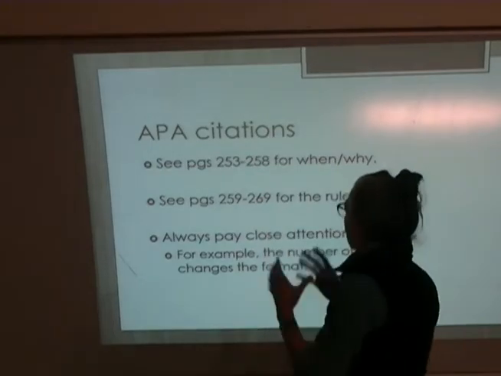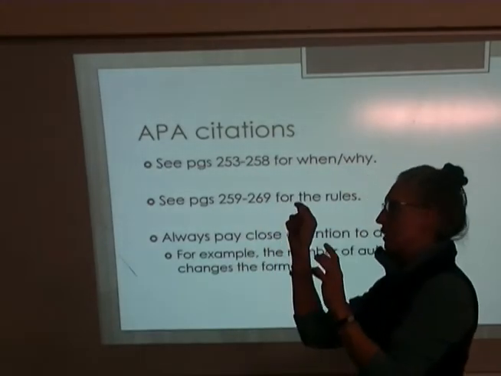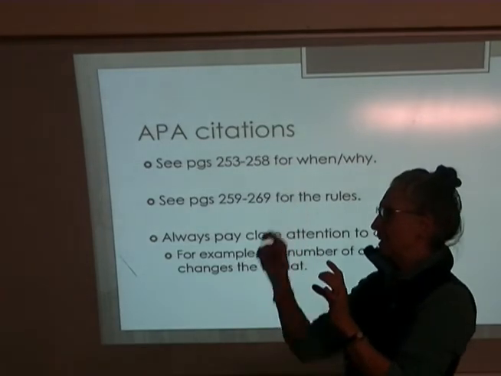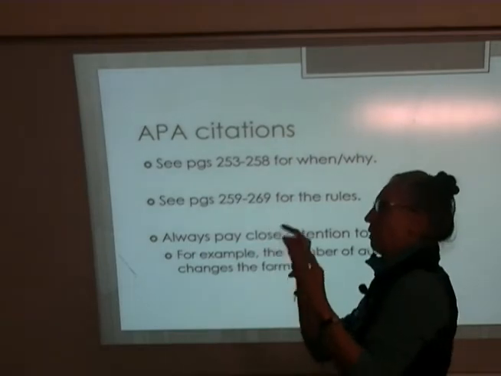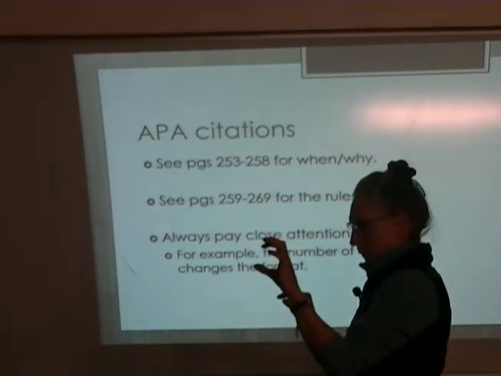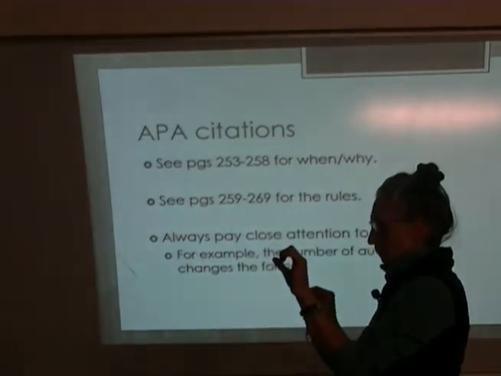All right? So the citation is the piece that goes actually in the text to tell the reader where to go in the reference list to find that information. Does that make sense?